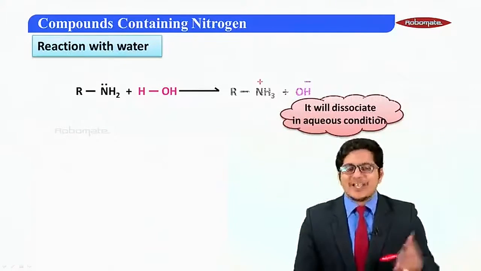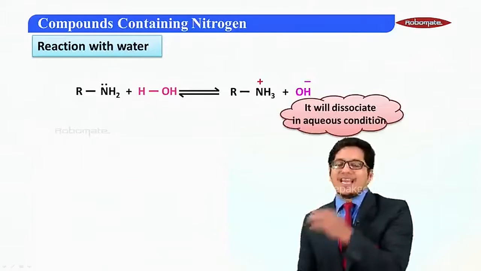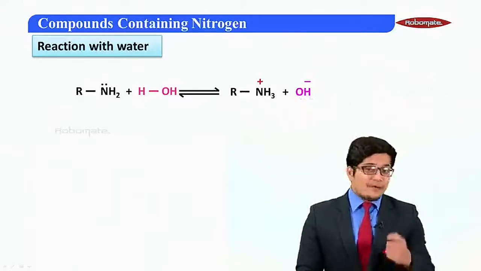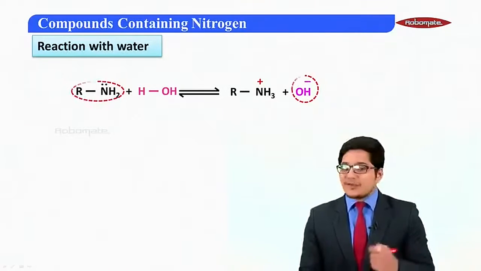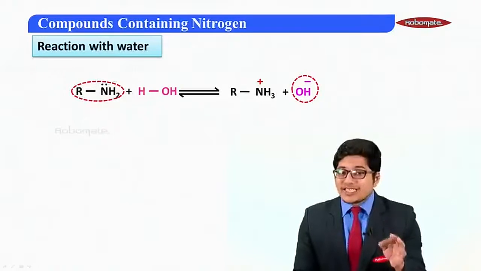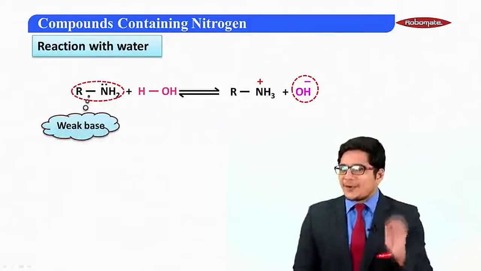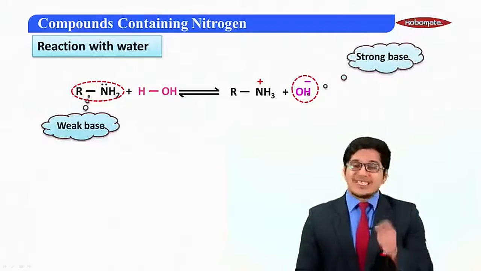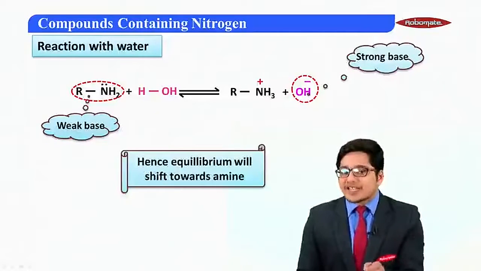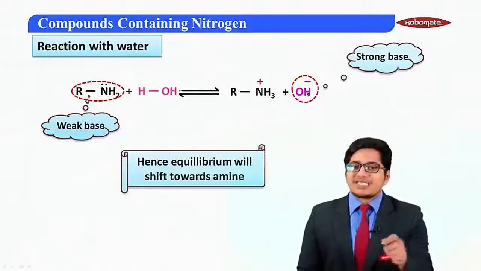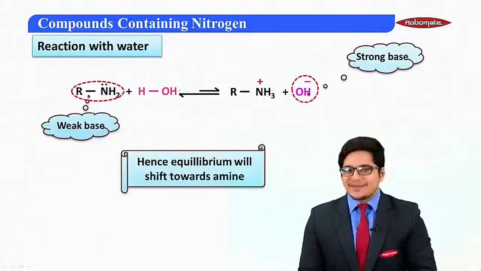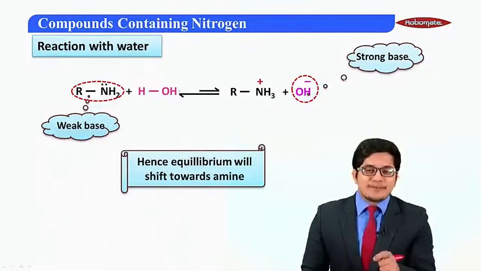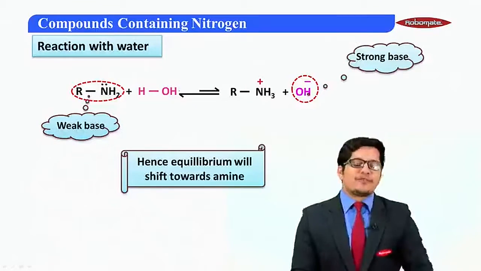Upon dissociation, the reaction is reversed and we get amine and water. A very important point to remember: RNH2 is a weak base, OH minus is a strong base. Because of this, the equilibrium shifts towards the amine side, so the forward reaction is less preferred and the backward reaction is more preferred.